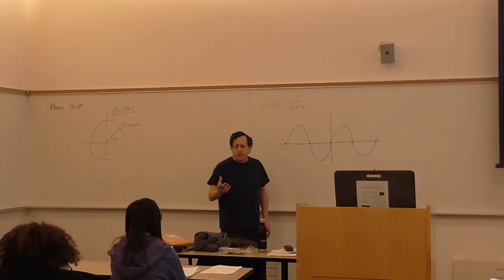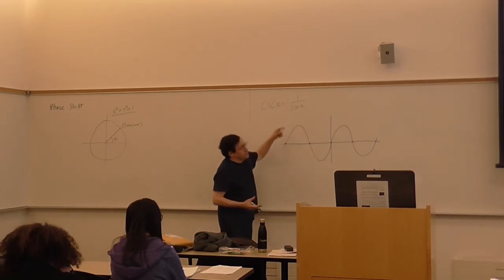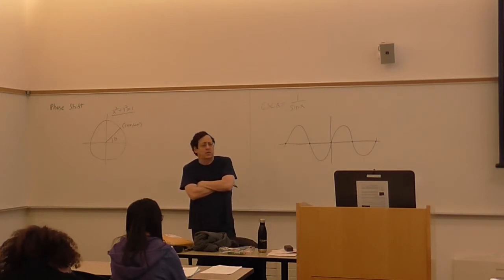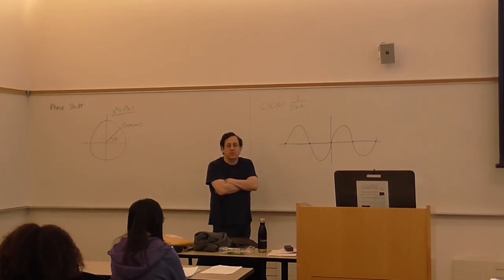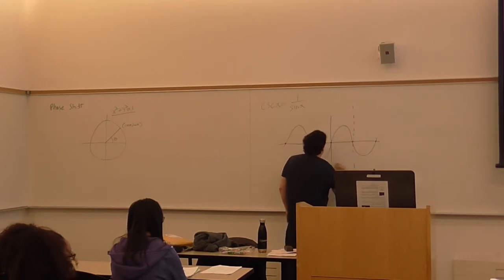So what would I expect for the cosecant function at those points, if I'm going to be dividing by 0? Well, it's undefined, right? 1 over 0 is undefined. What do we get with a rational function at 0? An asymptote.